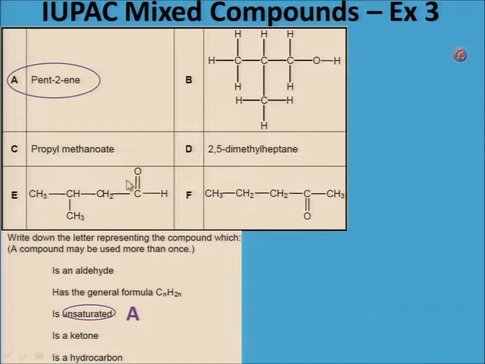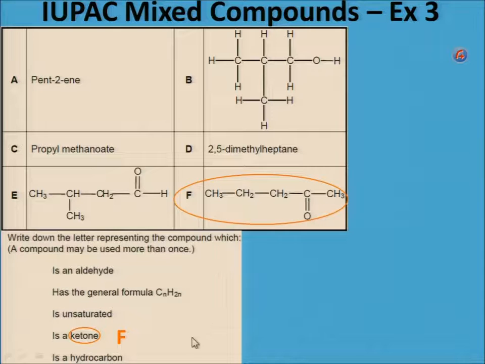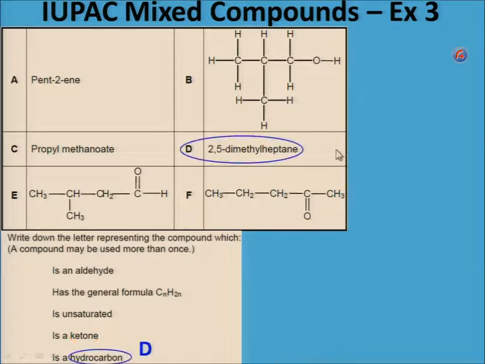Now, when we looked for the aldehyde, we saw the ketone at number F. It's got a carbonyl carbon in the middle of the chain. Therefore, a ketone is at number F. And now, you have to look for a hydrocarbon. What does hydrocarbon mean? It's only got hydrogens and carbons. Therefore, number D is the correct answer.